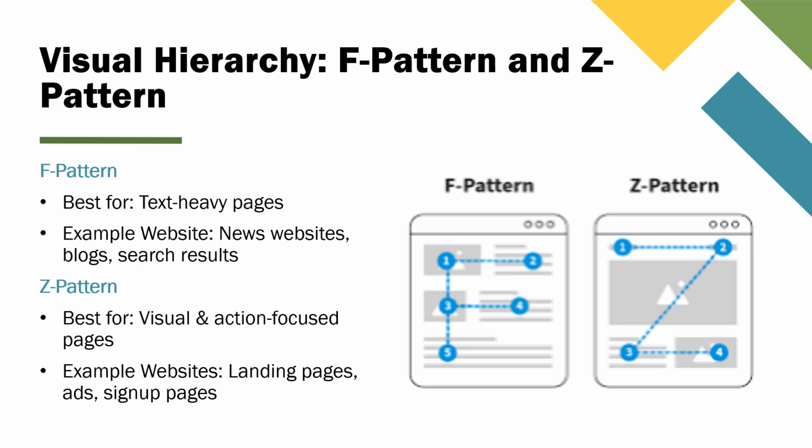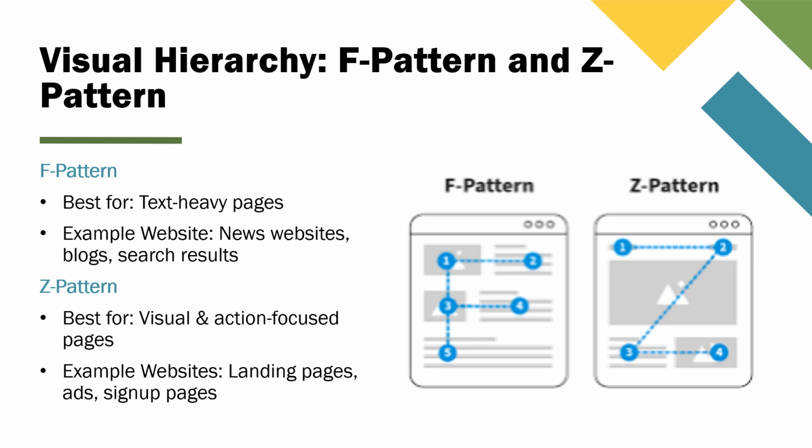Then place your call to action in the bottom right area, like your sign up now or whatever the case is. And then use diagonal clues like arrows and images or faces looking toward the call to action. And we want to keep it minimal. Avoid clutter so that the user's eye naturally follows the Z pattern.